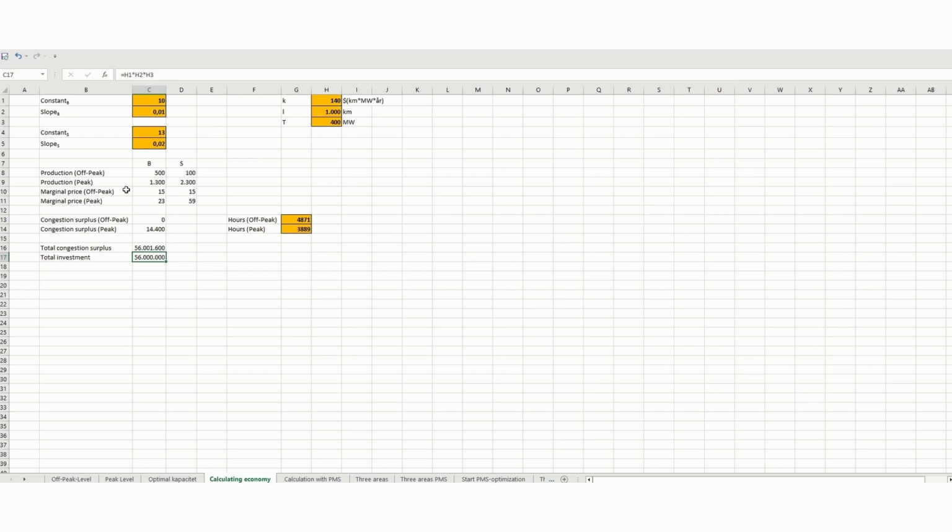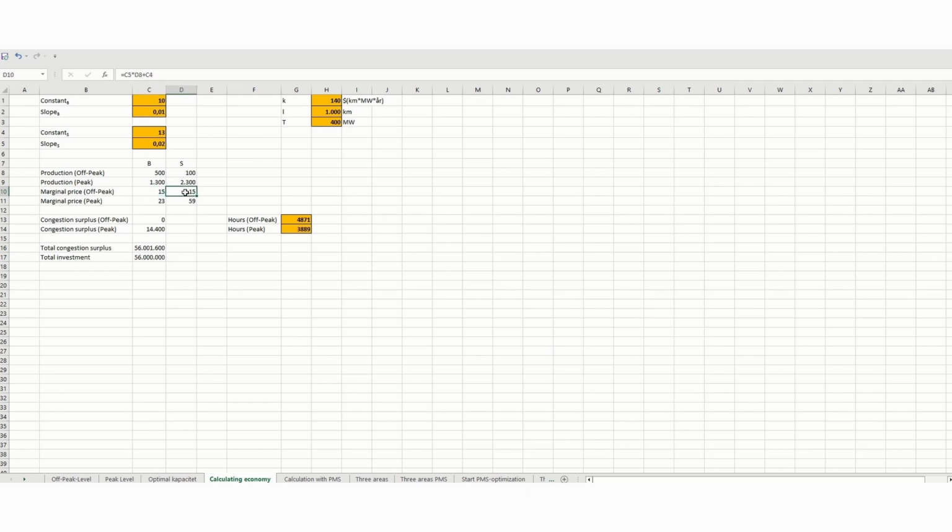And in the peak period, the production in area B was 1,300 megawatt, and in area S it was 2,300 megawatt.